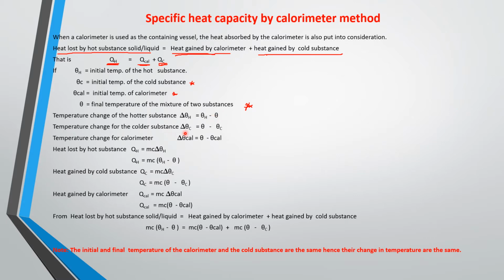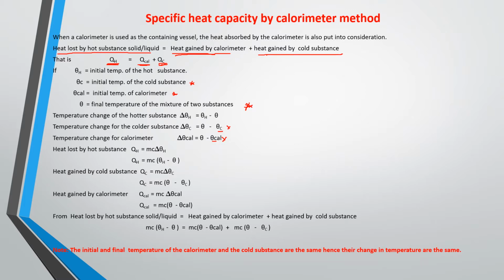Then for the cold substance it will be the final temperature minus the initial temperature, and for the calorimeter it is also the final temperature minus the initial temperature. Take note that these two initial temperatures are the same. I just wrote it like this for clarity.